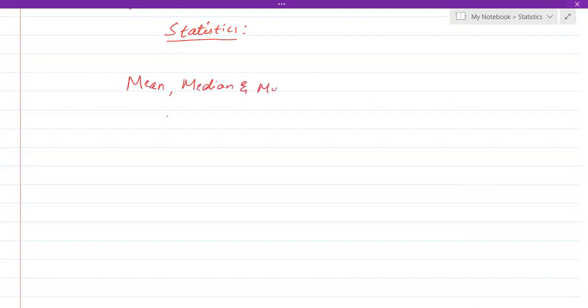These are the three things that you were finding, isn't it? Now, mean, median, mode for ungrouped data, that is what you were finding in ninth standard. But this year we're going to find mean, median, mode for grouped data.